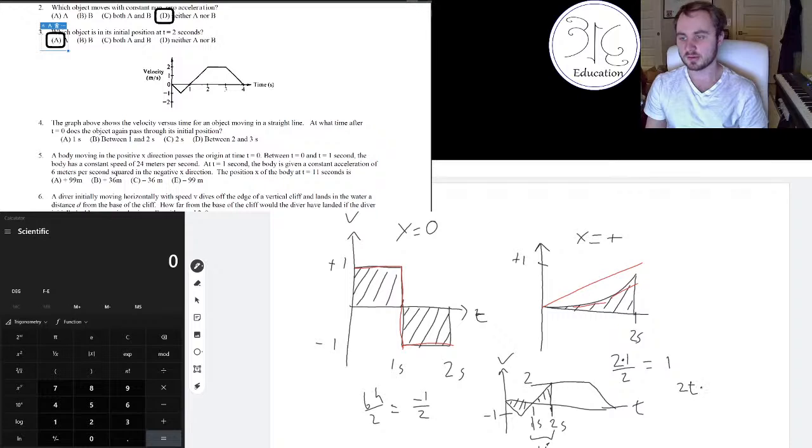And then our base is also going to be this t, because that's our distance across, and then that's all over 2. And we want this area to equal 1/2. So that means we can multiply this by 2. We get 2t squared is equal to 1. So we have t squared is equal to 1/2. And so that leaves us with our time being 1 over the square root of 2.